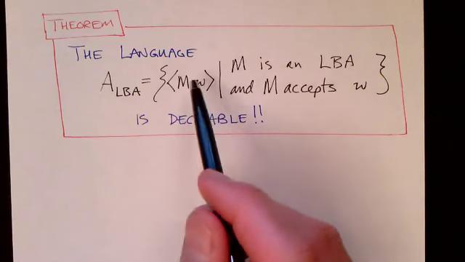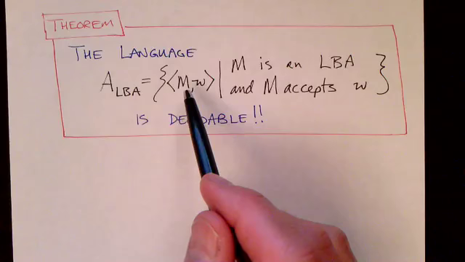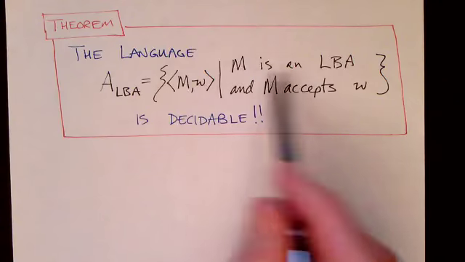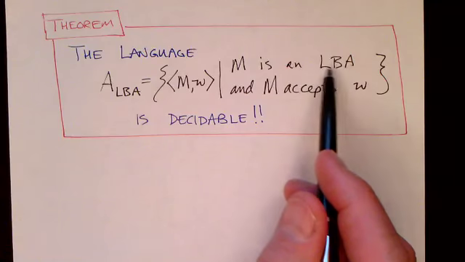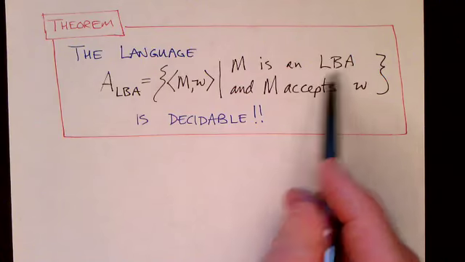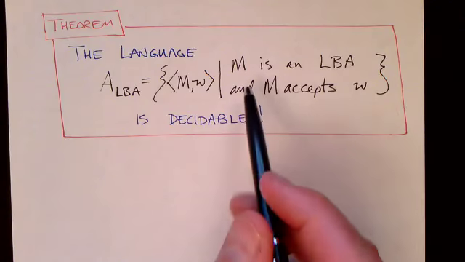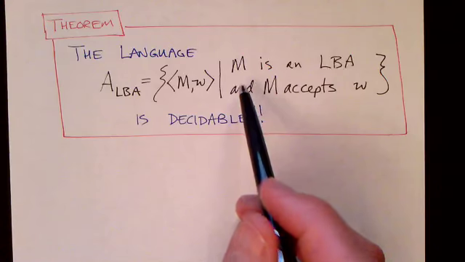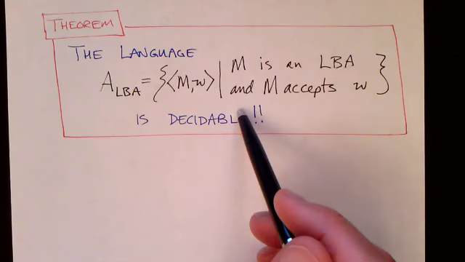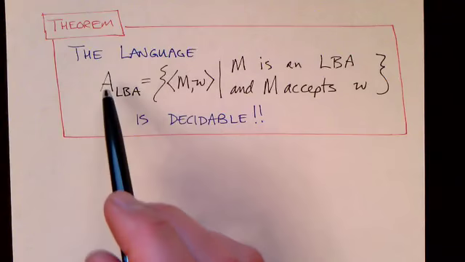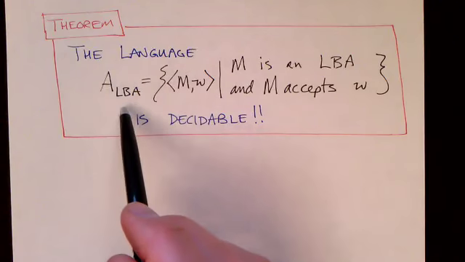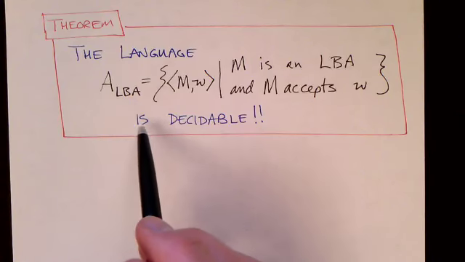And we say that this pair is a member of the language if M is a valid machine, in this case a linear bounded automaton, and M accepts W. And it turns out that, surprisingly, this problem is decidable. Although the acceptance problem for Turing machines is undecidable, the acceptance problem for linear bounded automata is decidable.